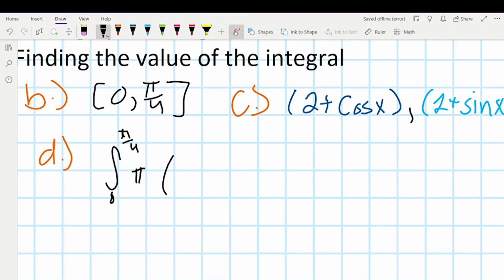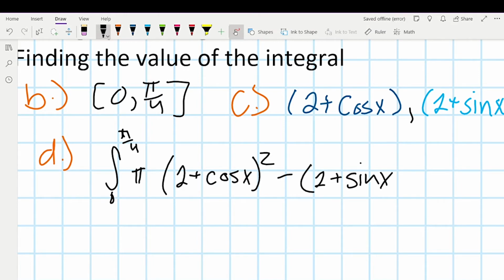So our r1 is going to be that 2 plus cosine x, because it was the line on top of the graph, and we're going to square that, minus our r2 squared, and so this is going to be 2 plus sine x squared dx.